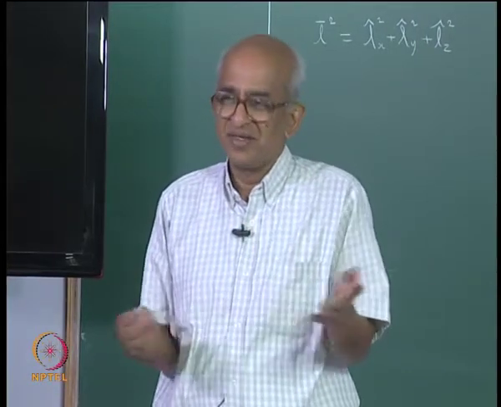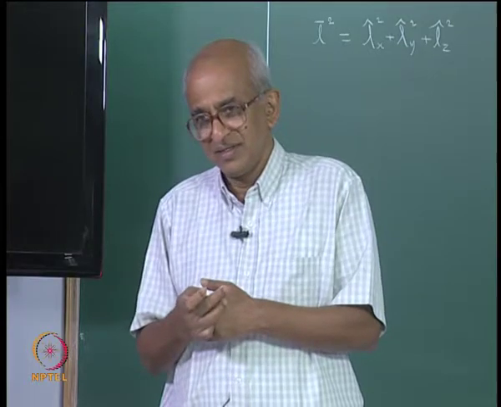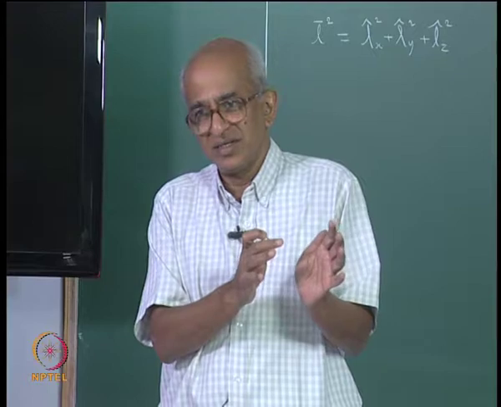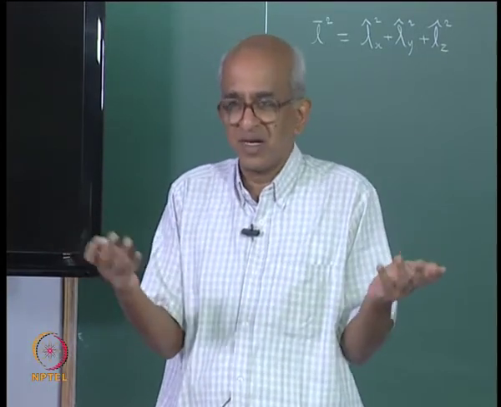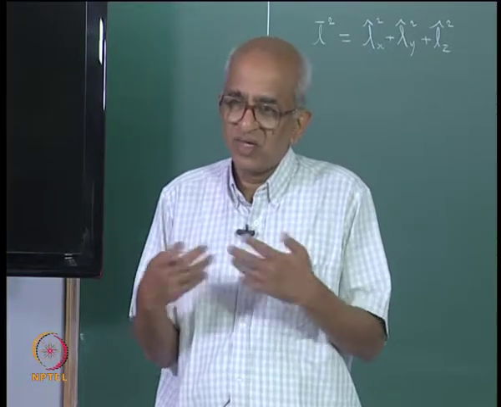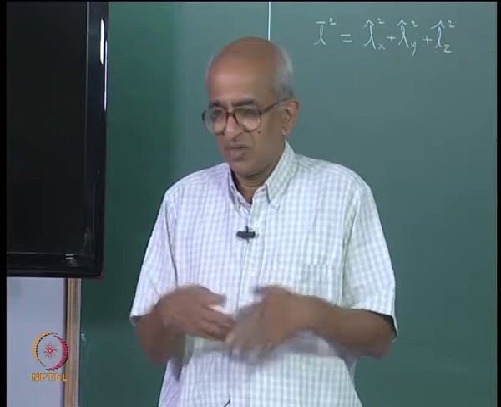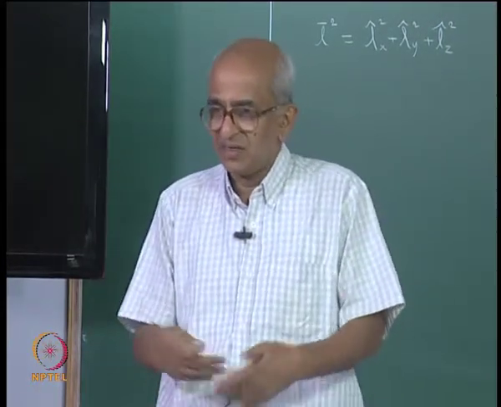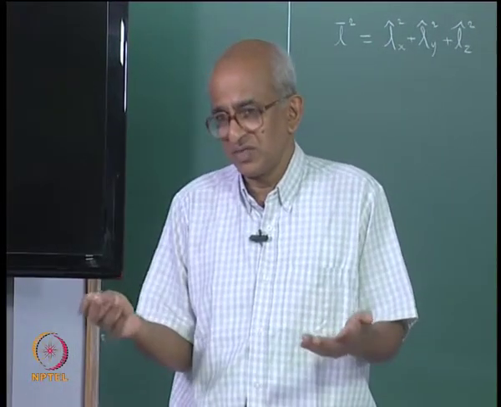Well, you see, all directions in space are equivalent. So, therefore, if Lz commutes with L square, you would expect that Lx, what is so special about Lx? See, x, y and z are things that we choose, right. This is our convenience, we have the hydrogen atom, I choose x, y, z, you may choose x, y, z in a different fashion and so on.